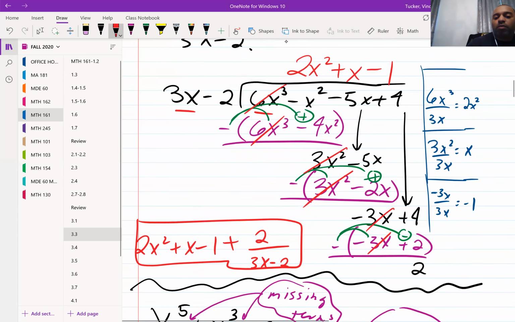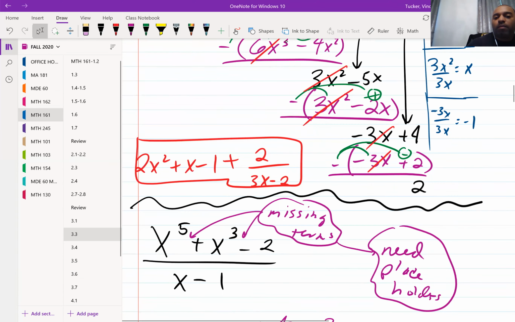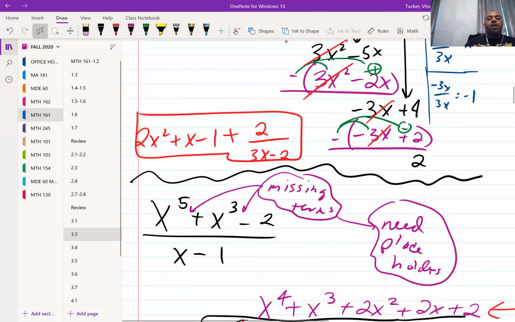All right, scroll up. The next one we have is x to the 5th plus x cubed minus 2 over x minus 1. So notice here we have missing terms. We're missing x to the 4th and x squared.